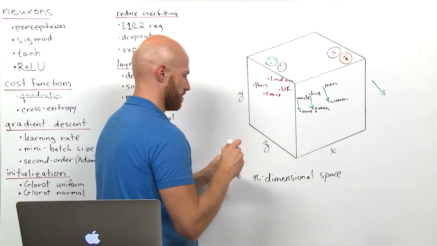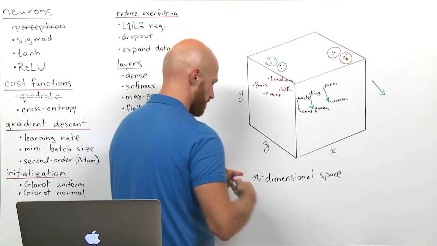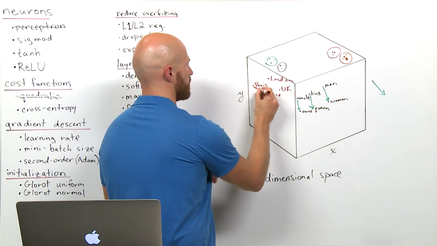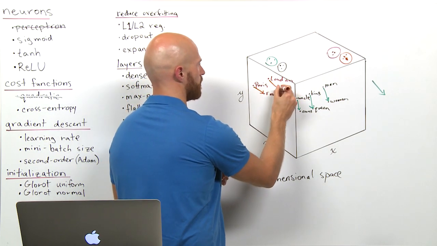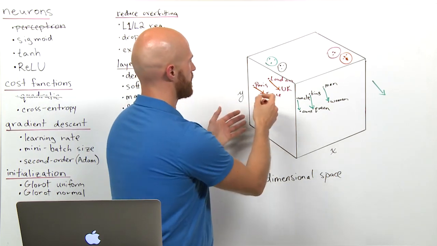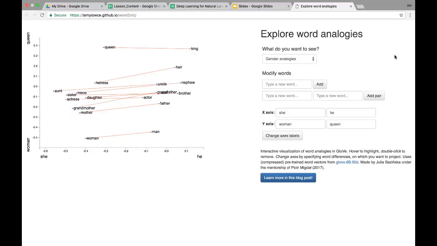These words would have a different vector with a particular orientation and length that represents the relationship between capitals and countries. We're going to use this tool here, this Explore Word Analogies tool, in quite a bit of detail in a moment. But I just wanted to show the parallel between what we had on the board and what we have here in the program.